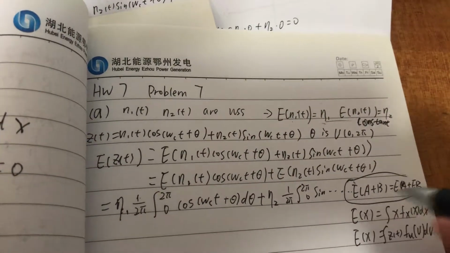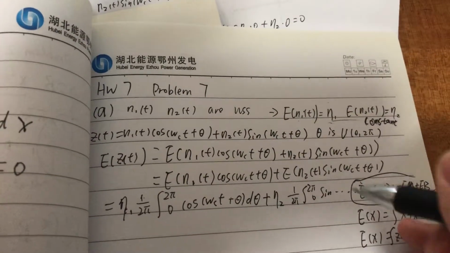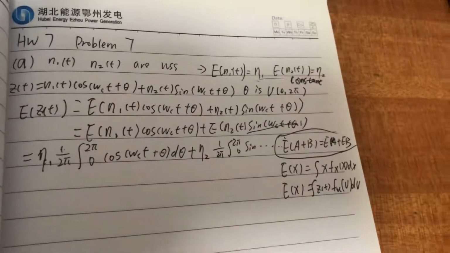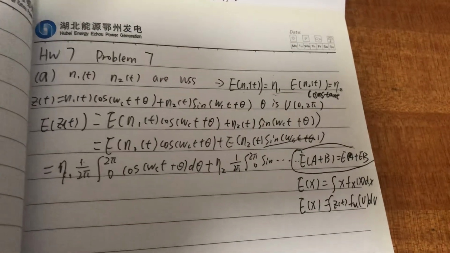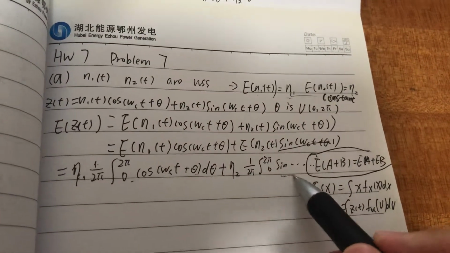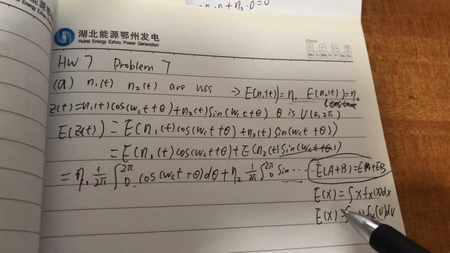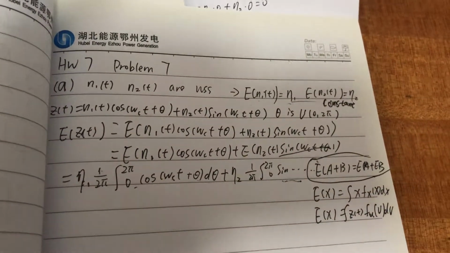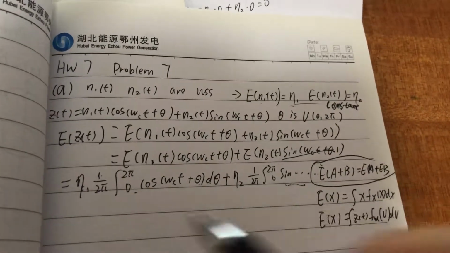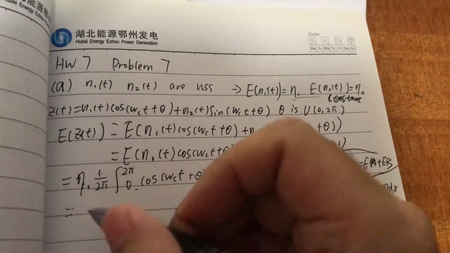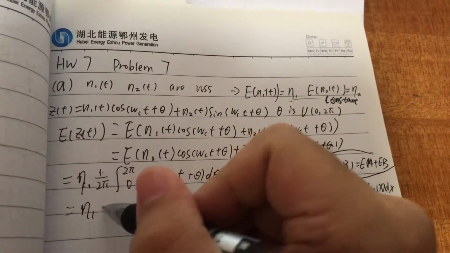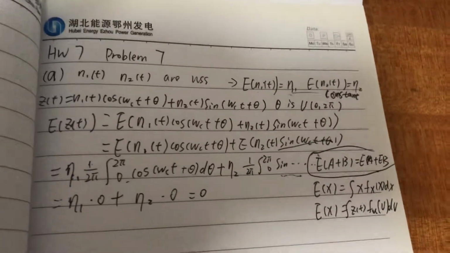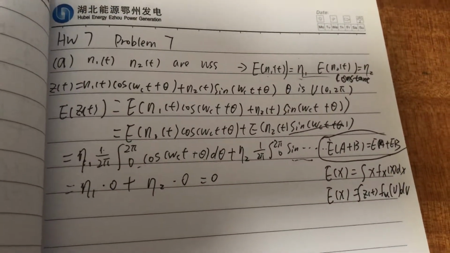We can ignore that, it's almost the same. Because these two functions are cosine and sine, and the region 0 to 2 pi is one period, they are 0. So we write mean 1 times 0 plus mean 2 times 0 equals 0. That's the answer for the first question.